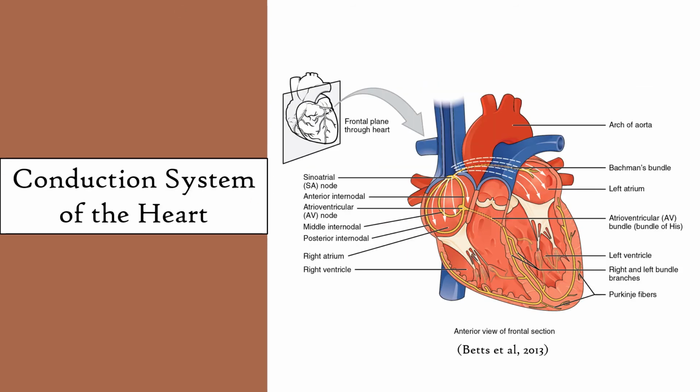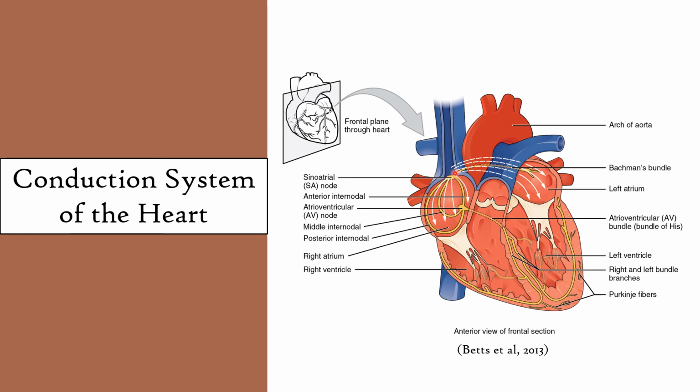So here I have a diagram of the conduction system of the heart. The conduction system of the heart is a network of nodes, cells, and signals that control the heart's heartbeat. So looking at the diagram, it starts off with the sinoatrial node.